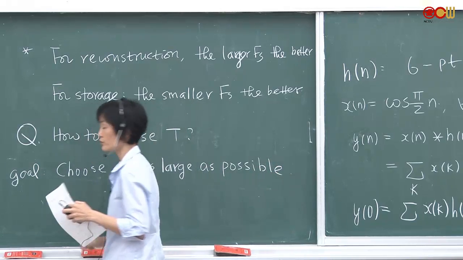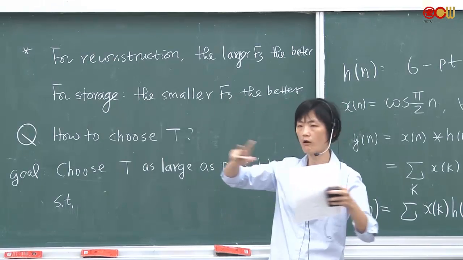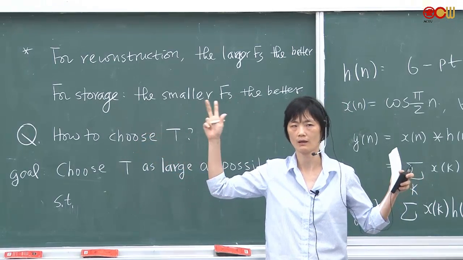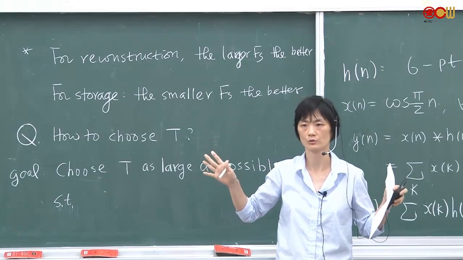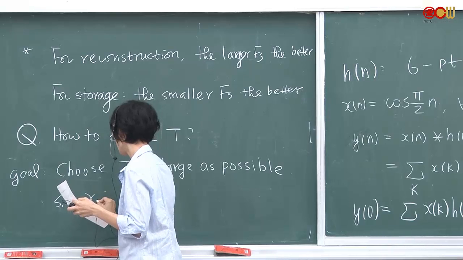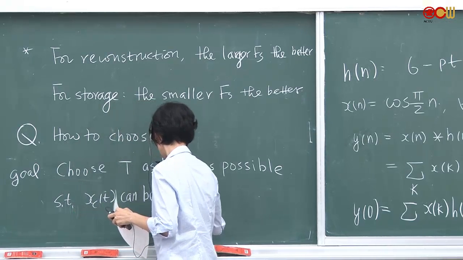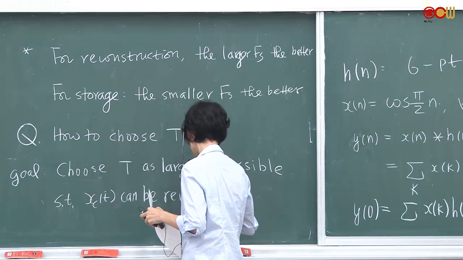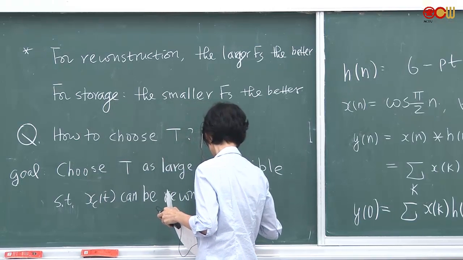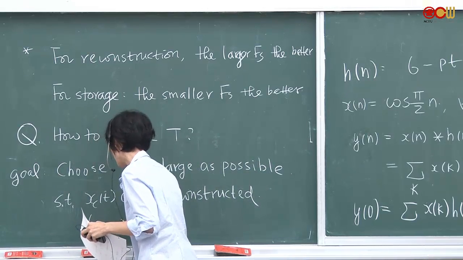So there's one condition, right? We don't just want to choose a large T without consideration of reconstruction. We still want to reconstruct the signal such that xc(t) can be reconstructed from the samples.